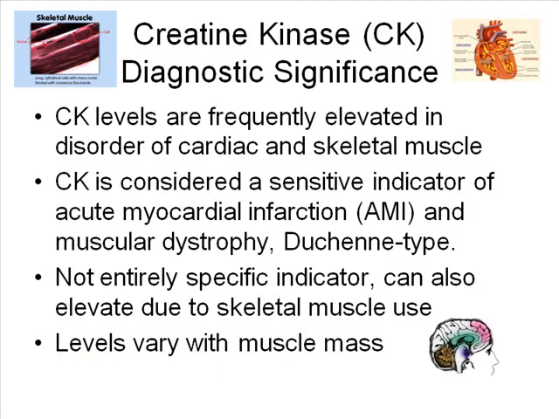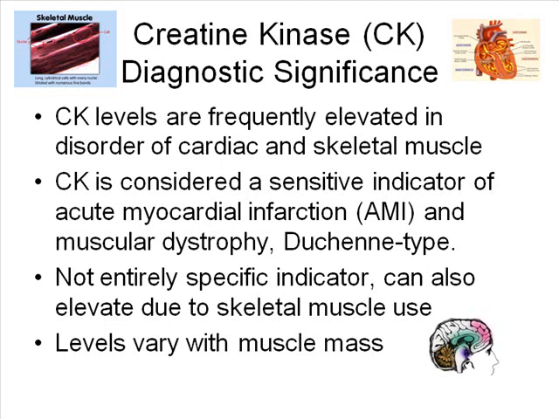All right, we can use this diagnostically, and many times we look at CPK for a couple reasons. One is an acute indicator of acute MI. Another thing is muscular dystrophy of the Duchenne type. You can have high levels of CPK with high levels of MB.